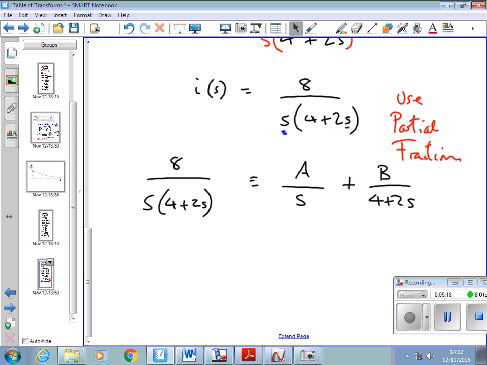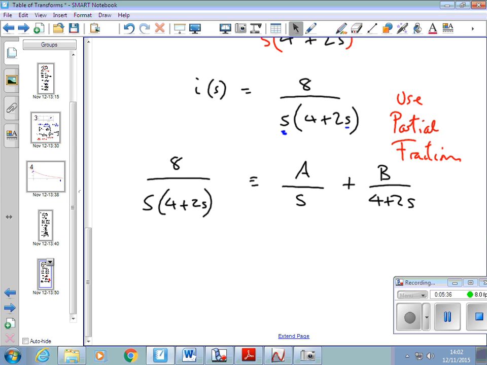Because if you look at the table of transforms, we've got something over S and something over S plus a constant. So if I can find out what A and B are, we can then find the transforms. And that's exactly what the method of partial fractions allows us to do. And so we just remember that technique.